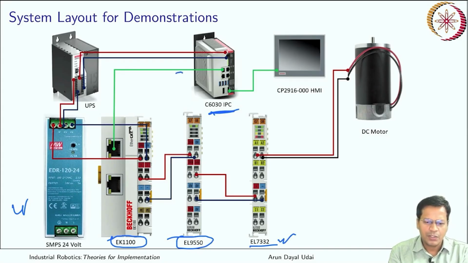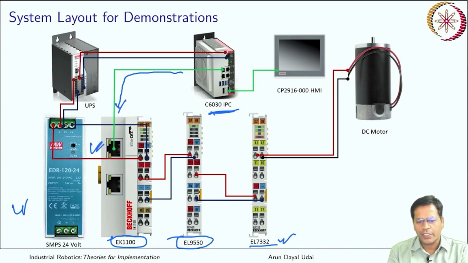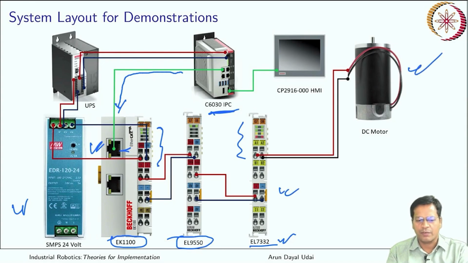Finally, this is the EtherCAT communication coming to this device, which is the coupler. This transfers the data through the EtherCAT bus, which is here, to the driver, and the driver finally takes the data variables, the process variables, to the motor. So this is the driver.